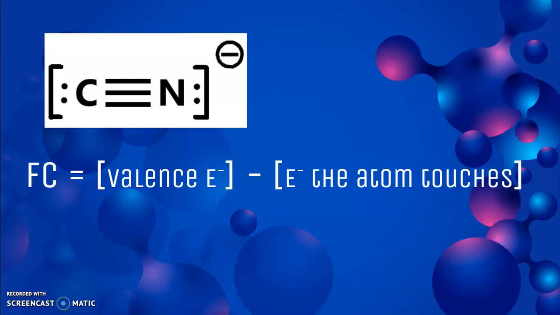So we're going to take the number of valence electrons that's officially assigned to the atom. That's a lot like calculating your A in S equals N minus A. And then we're going to subtract the number of electrons the atom actually touches. Now, you might be wondering what counts as an electron that it actually touches. Well, that would include any lone pair that's assigned to that atom.